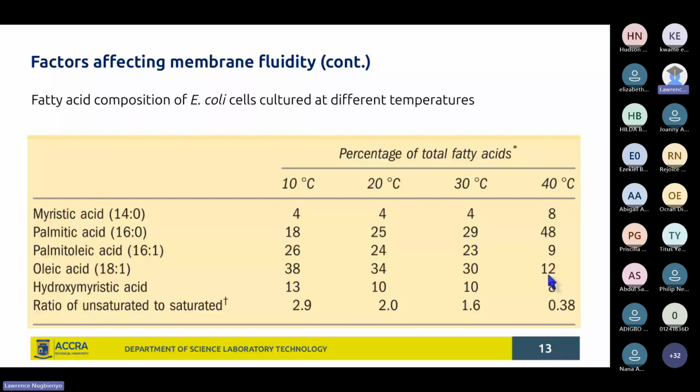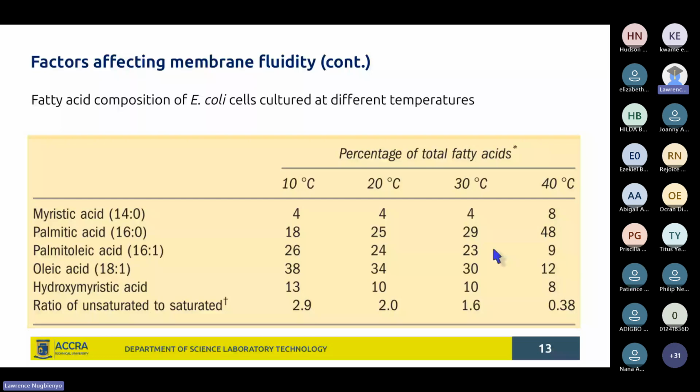And you see the same thing for, say, palmitoleic acid, which is also an unsaturated fatty acid. You see the same trend, that the percentage keeps reducing as the temperature increases. And how about saturated fatty acids?